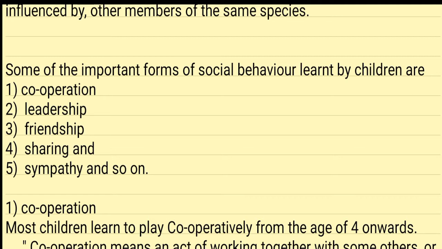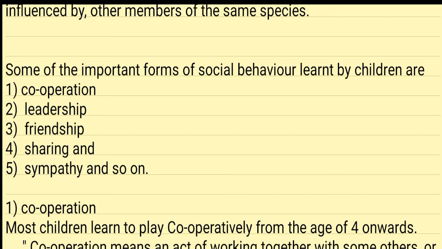The first important social behavior is cooperation, where the child cooperates with parents, siblings, teachers, and his peers. Then leadership. Then another form of social behavior is friendship.